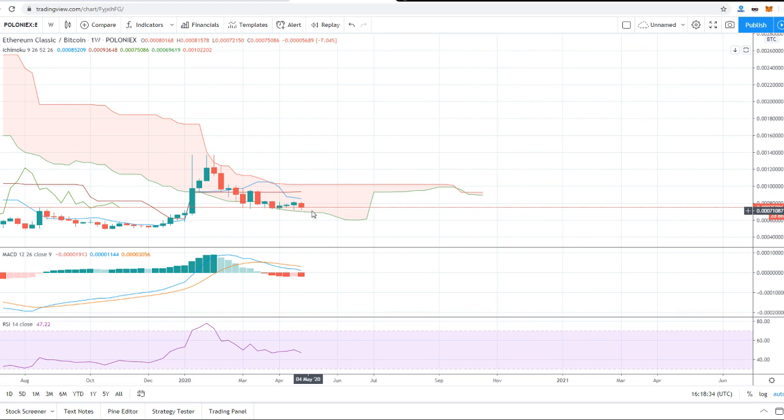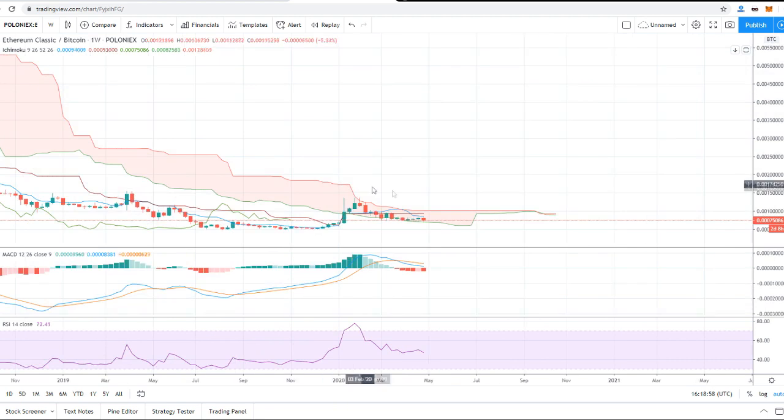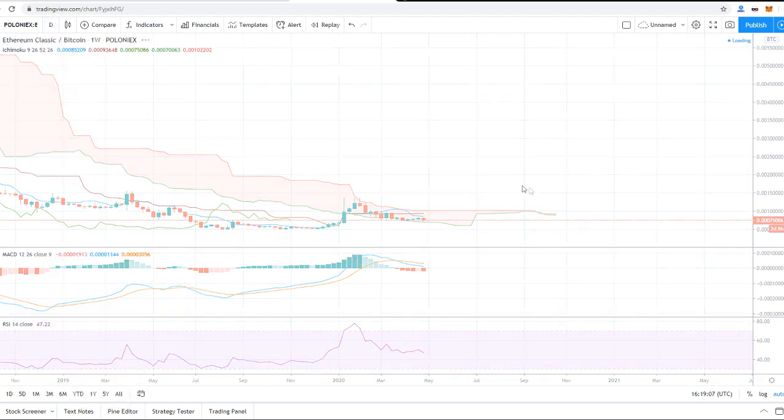So let's see what happens if we are able to stay above the 0.0069 or 0.007 mark. There is huge potential that we can go to the upside from here, but we must close above the 0.001 level to consider the Ethereum Classic to go mega bullish. But there is high probability that we'll be going to the downside more.